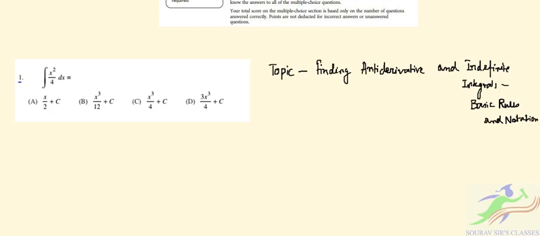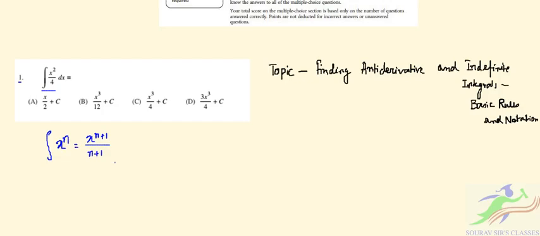Here it is simple: integration of x squared by 4. By the power rule of antiderivatives we can solve this. What is the power rule telling us? If we integrate x to the power n, we get x to the power n plus 1, divided by n plus 1.